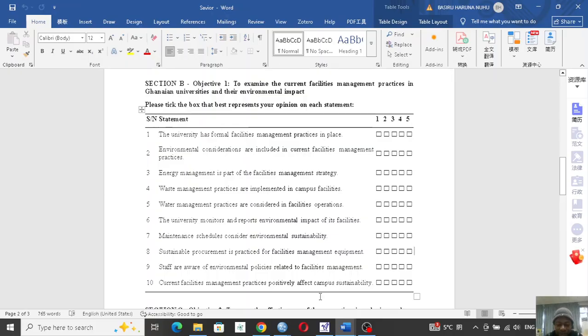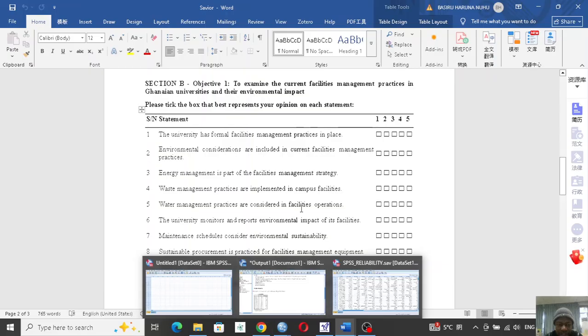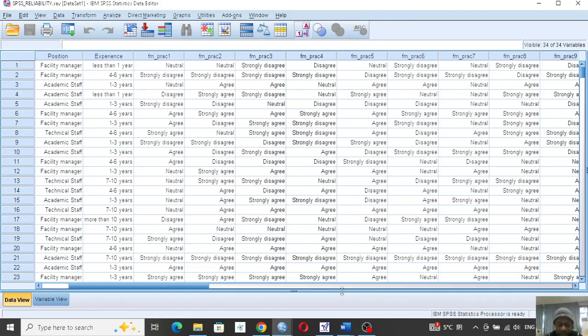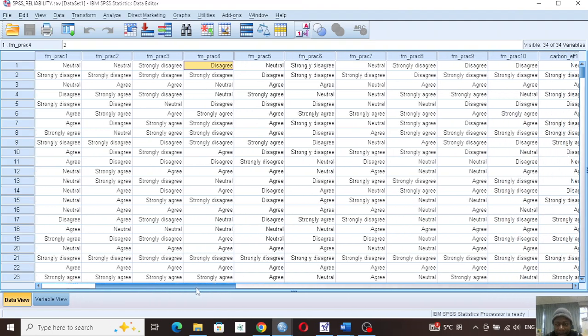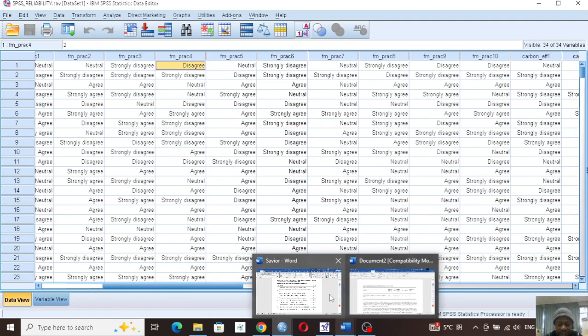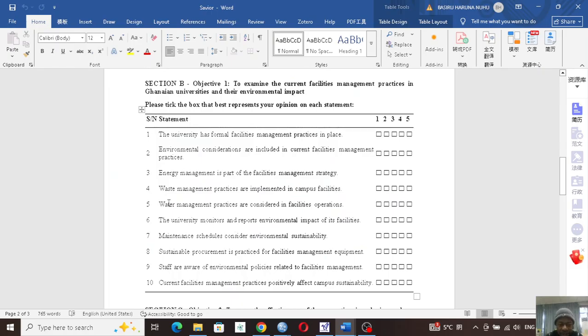So now this particular section, this is how I coded it in the questionnaire, so I don't write everything in full. So from here, impact 1, FM practice 1 up to through to the 10. So when you come to the data set, you realize that the items are 10.